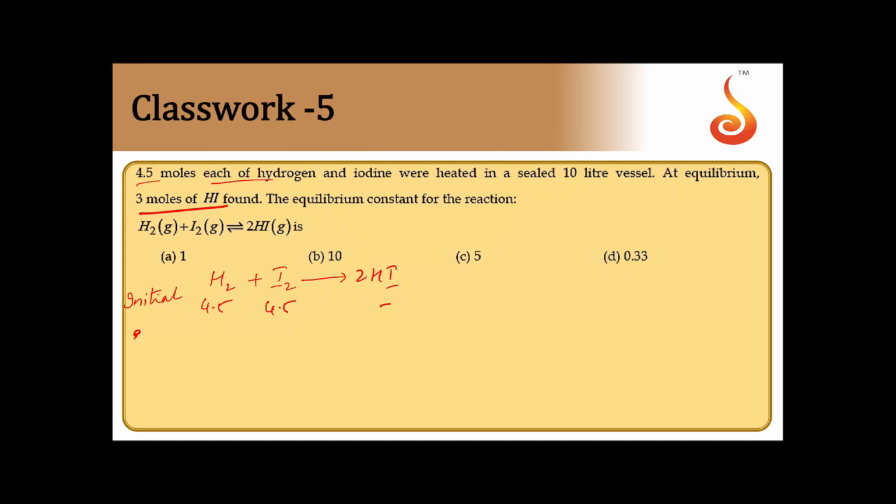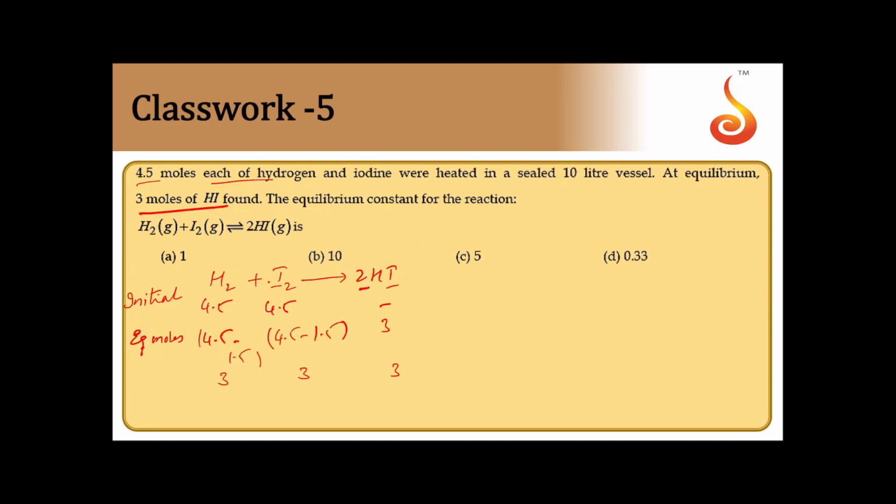So 2 moles of HI will form from 1 mole of iodine, so 3 moles are forming from 1.5 moles. So it is 4.5 minus 1.5 here, and similarly 4.5 minus 1.5 here. This many moles are left, so 3 here, 3 here and 3 here.